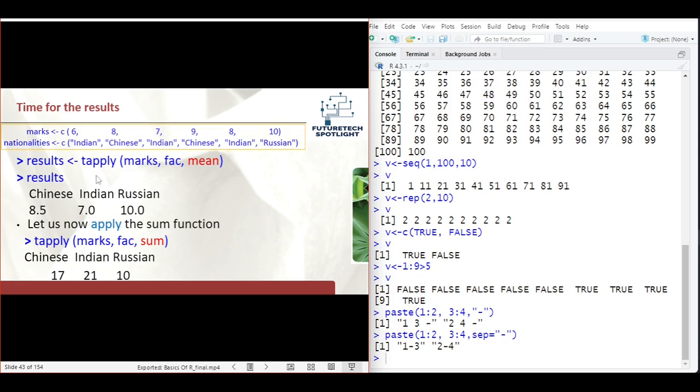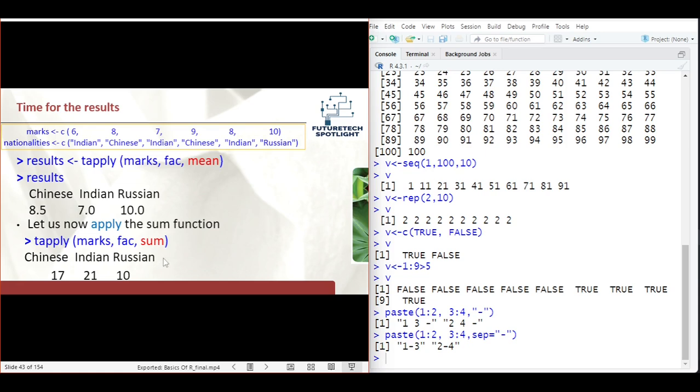So for the second category Indian, it will again apply the function mean on the marks data. So 6, 7 and 8. The average of 6, 7, 8 is 7. And the same way for Russian. So this way tapply will calculate the function based on category on real data.